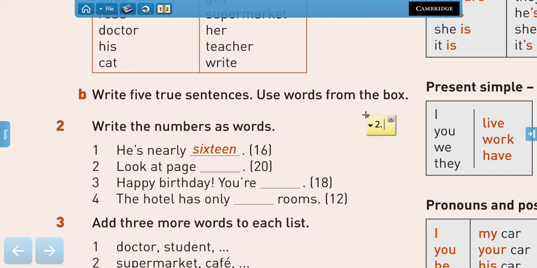Number 2, look at page 20. Happy birthday, you are 18. The hotel has only 12 rooms. Did you have them all correct? Very good.